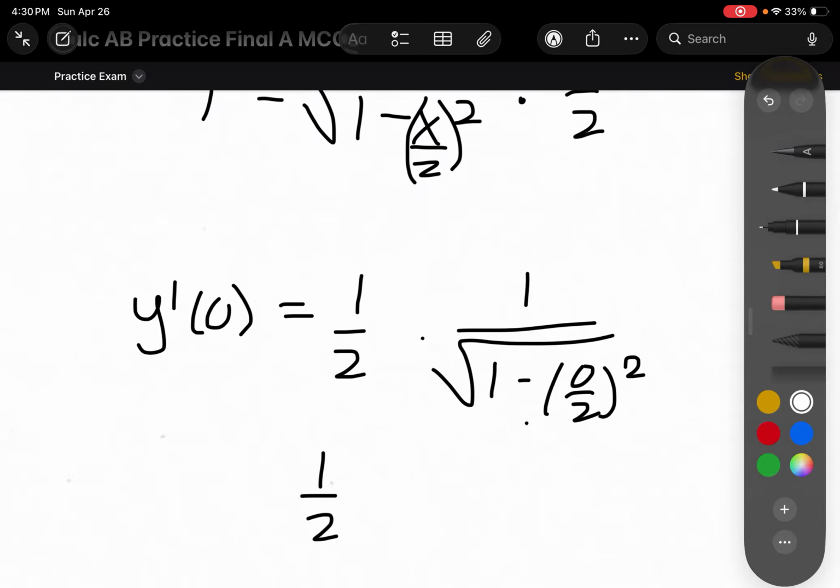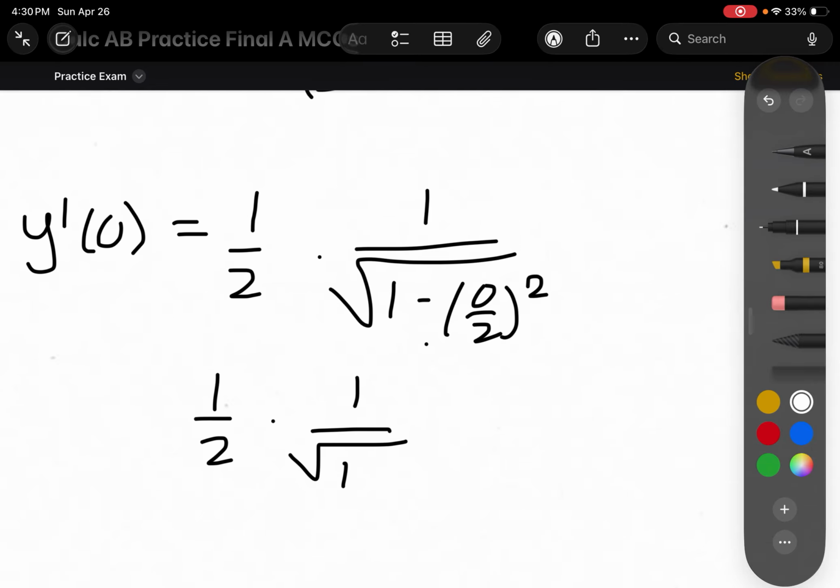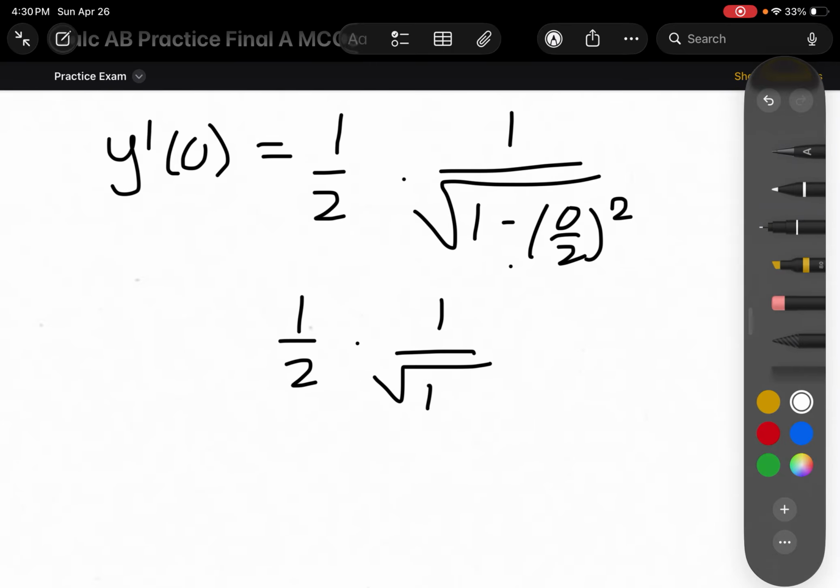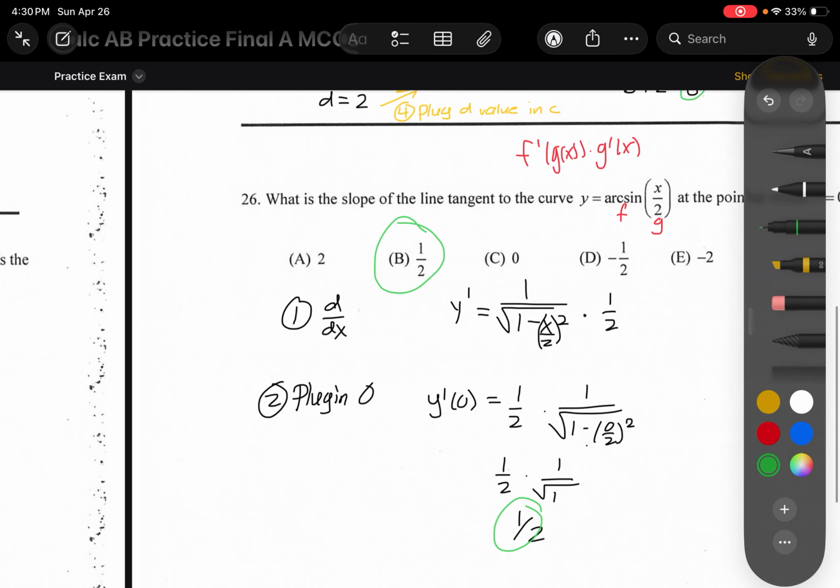It's going to look something like this. And now we're just going to simplify everything. 1 over root 1 is just going to be 1, and 1 times 1/2 is just 1/2. So our answer is going to be 1/2, which is option B.